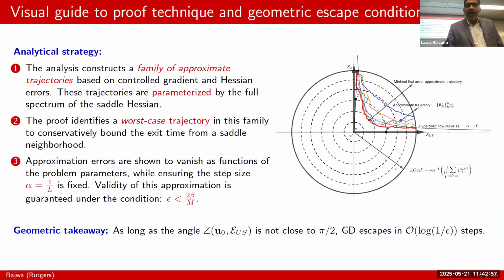Okay. Just to give you a very visual guide to how this proof is done. So imagine this is my strict saddle, this is my stable subspace, and this is my unstable subspace. If I did, for example, an ODE-based analysis, I get this hyperbolic flow curve, but this is only for alpha going to 0.